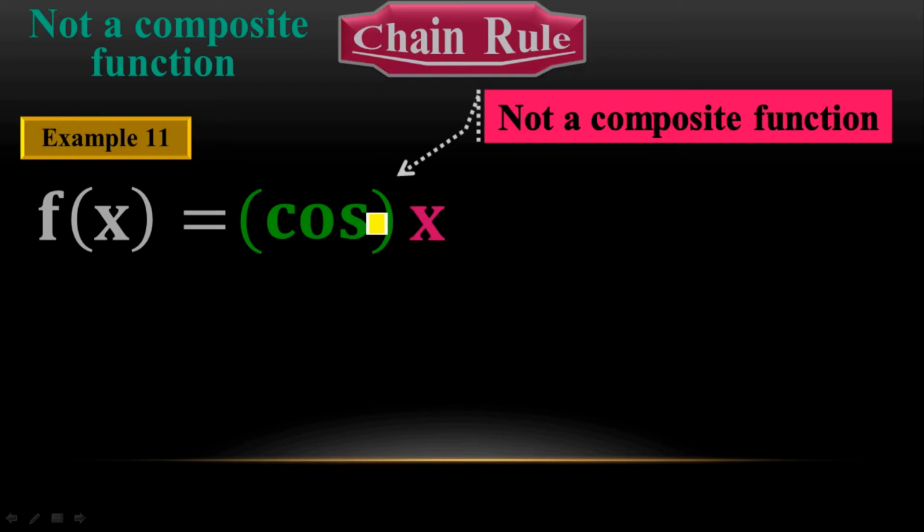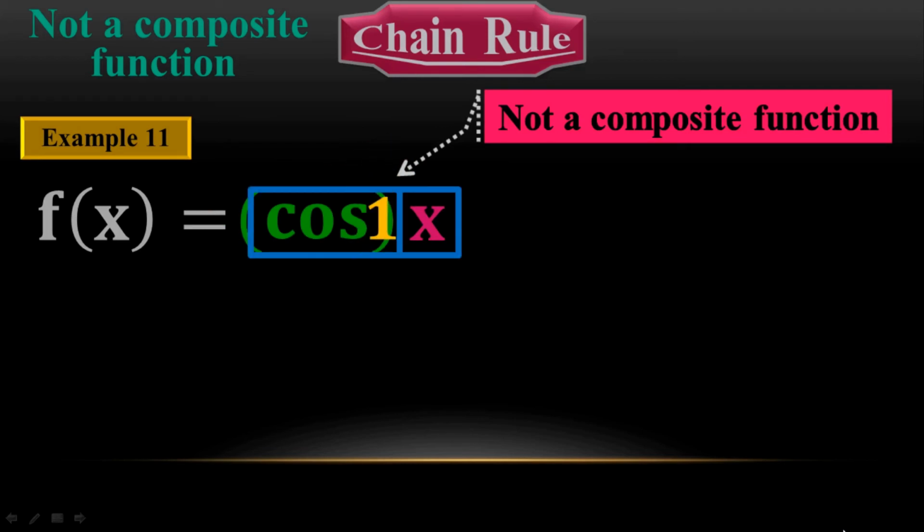In such a situation, cos was behaving as an outer function, and x was behaving as an inner function. But right over here, the case is different. This cos behaves as a constant. X is separate. We have the product of x times the constant, which is cos.